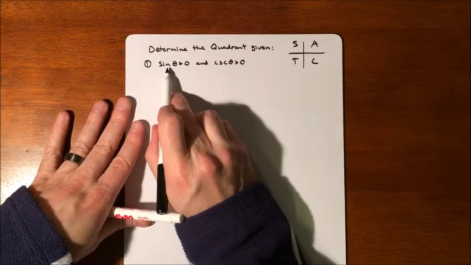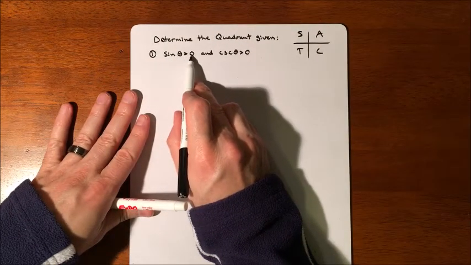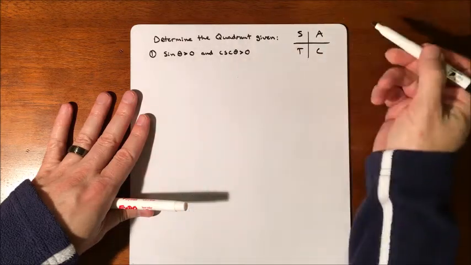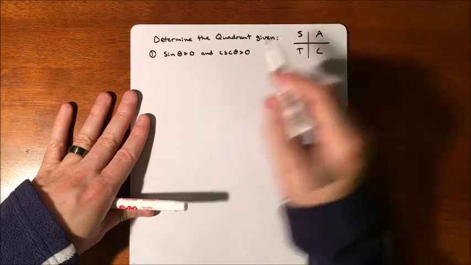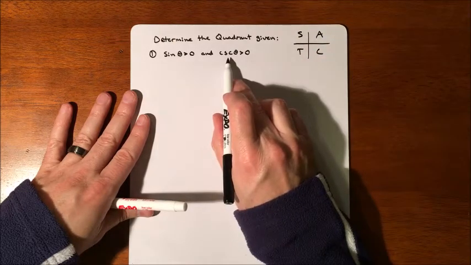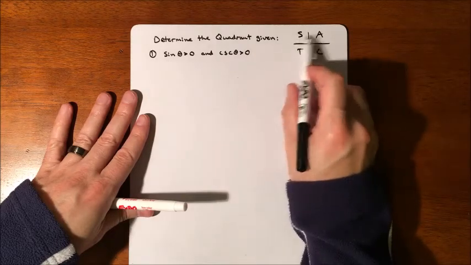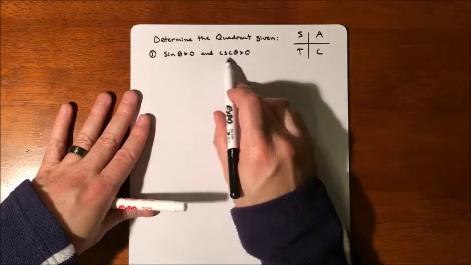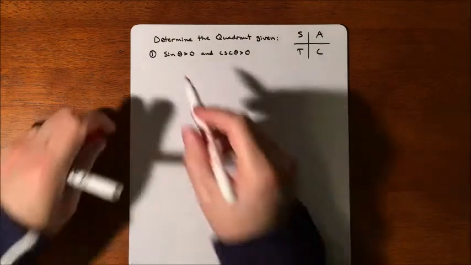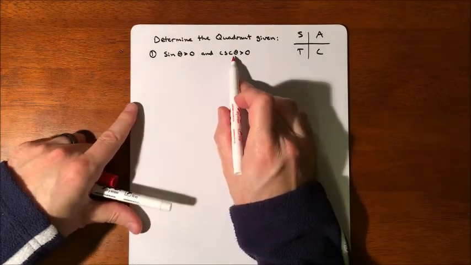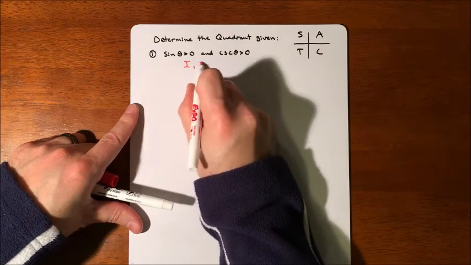If they're telling you that sine of some angle is going to be greater than 0, aka positive, that narrows you down to the first and the second. All right, and if cosecant is also positive, then that still leaves you in the first and second, because cosecant is really sine. So if sine is positive, cosecant has to be positive. And so we are narrowed down to the first and the second quadrant.